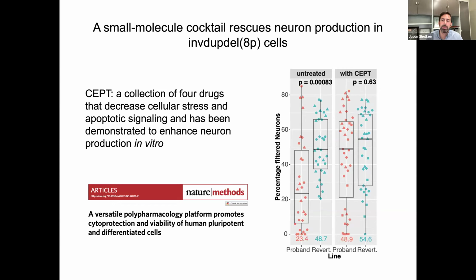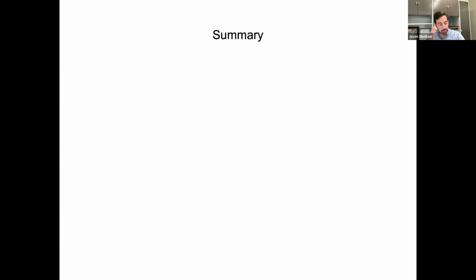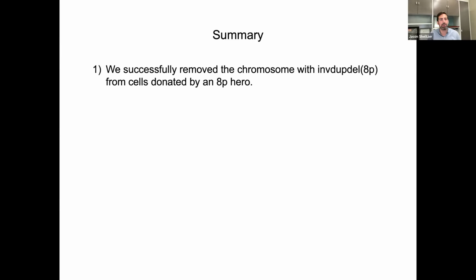And that it's possible to use these cells that we've created in culture as a platform to look for therapies that can potentially enhance neurogenesis in cells with a rearranged copy of chromosome 8p. So that's what we found in the lab so far, and I'll take a few slides to summarize what we've done and what I've told you about.